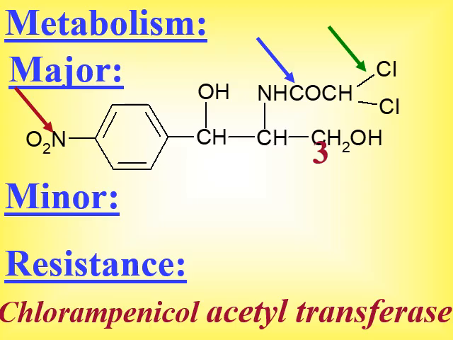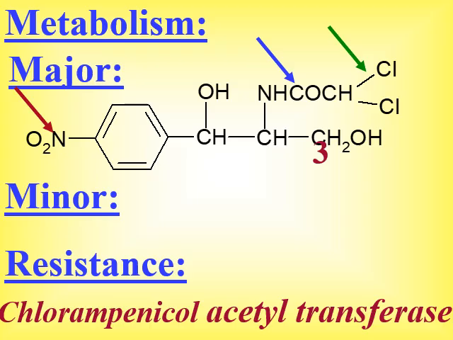Resistance can take place on using chloramphenicol for a long time. Here we have strains of certain bacterial species that are resistant to chloramphenicol by production of an enzyme known as chloramphenicol acetyl transferase.